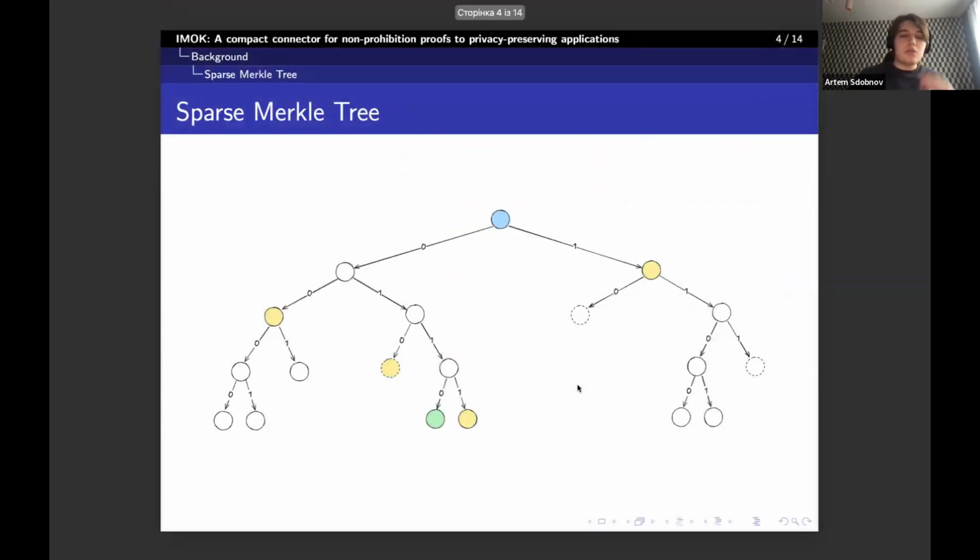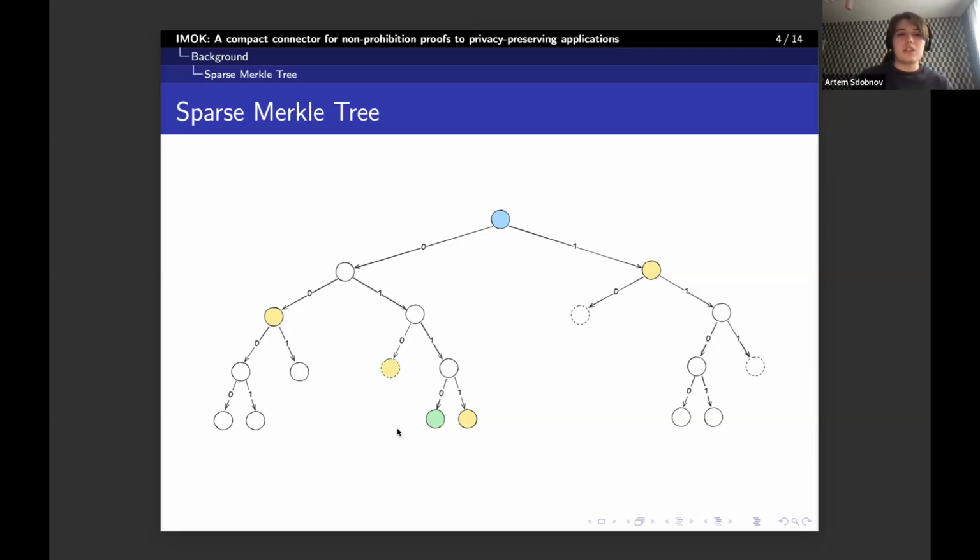Okay. And also I want to present such a structure as the sparse Merkle tree. This is a structure which allows you to make inclusion and exclusion proofs from some set, even if such a set is very big, and it allows you to make very efficient proofs that are logarithmic in size and logarithmic in time.